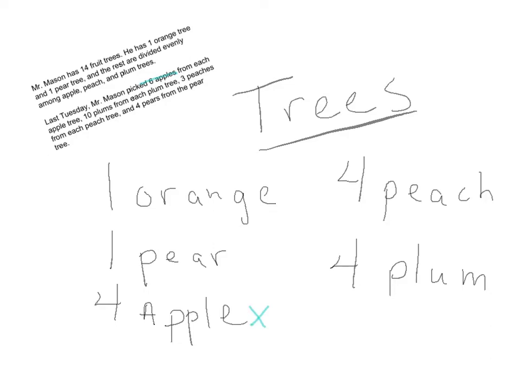The very important thing to see is 6 from each apple tree. 4 apple trees, 6 apples from each. 10 plums from each plum tree. So we have 10 from each plum. 3 peaches. So we come up to the peach, 3 from each. And then 4 pears from the 1 pear tree. 1 tree, 4 pears total.